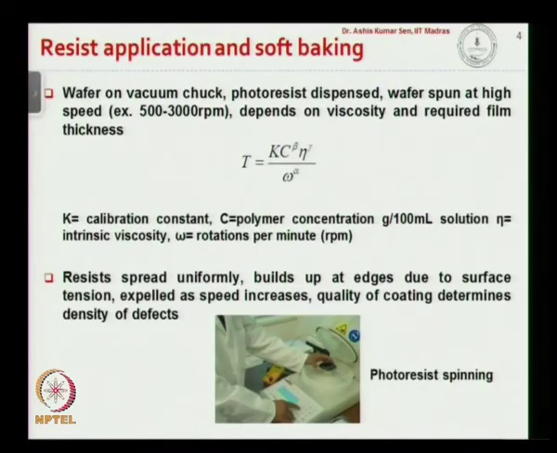And the way we do it is by using a spin coater. Okay. So if you look at here, a typical spin coater is shown here, and a spin coater will have a vacuum chuck which is connected to a vacuum pump. Okay.